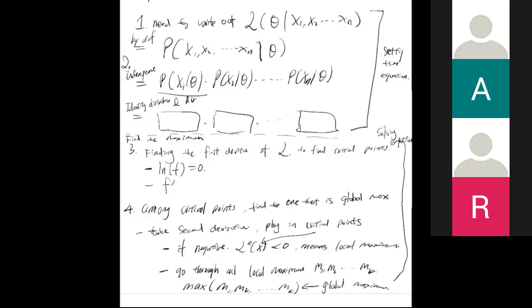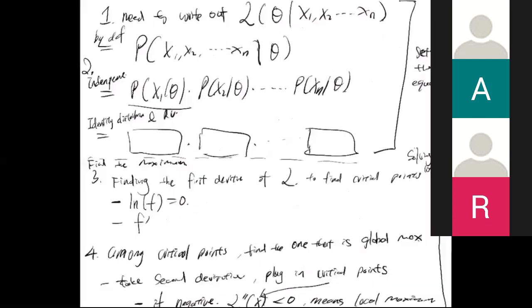Some highlights: the most important thing is setting up the equation, because the way you find the computation is essentially pretty much the same. Sometimes you take log, sometimes you take the first derivative directly, but the computation work is almost exactly the same.